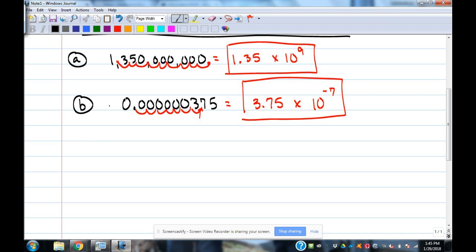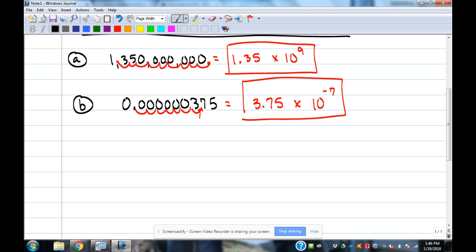The thing you've got to remember is if I'm taking a big number and making it smaller, I add to my exponent. Okay, so when we start with this original problem, we're starting at 10 to the 0 power, and then we move it 9 places to the left. That's adding 9 to 0. Okay, all right. If we're taking a small number and making it bigger, if we're moving the decimal to the right, we're subtracting from our exponent.